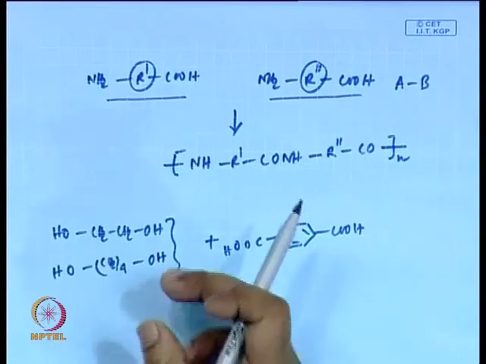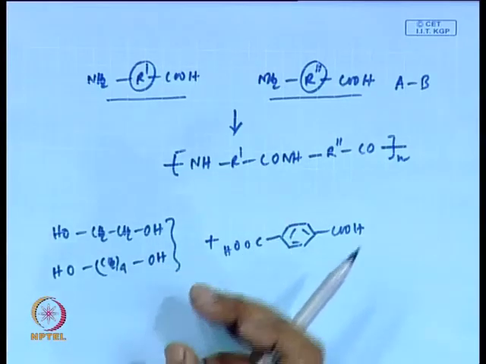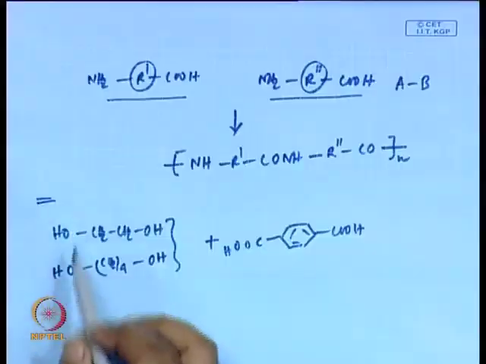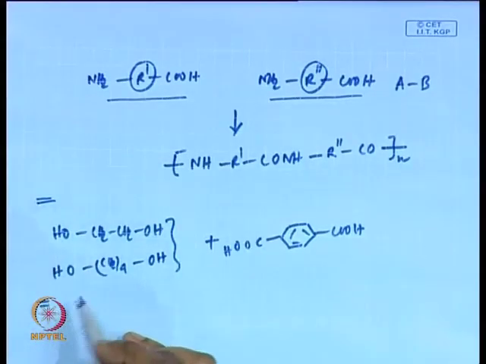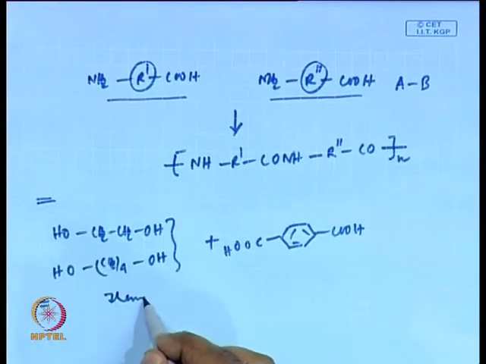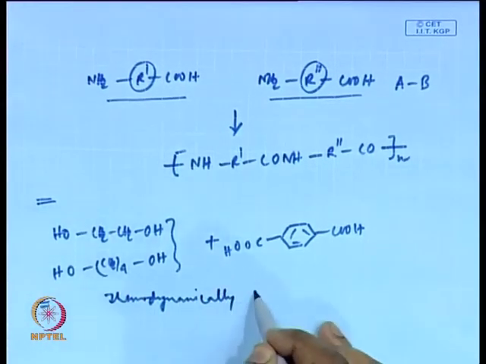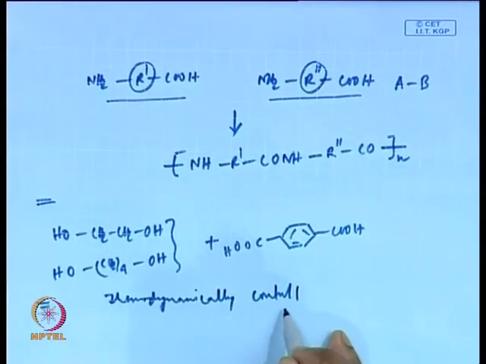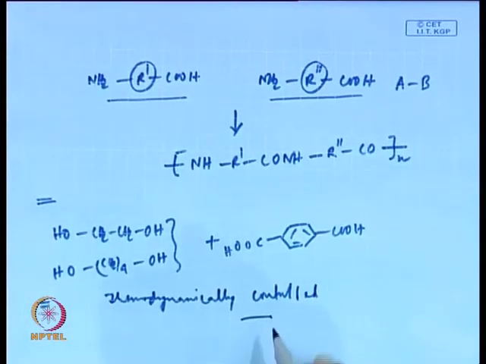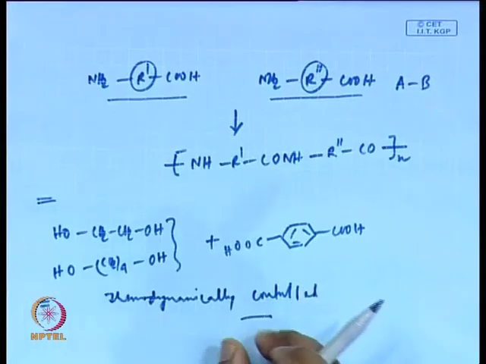So, there is an exchange happening between two groups, which means that if the reaction is thermodynamically controlled, then you will always end up with a completely random copolymer.